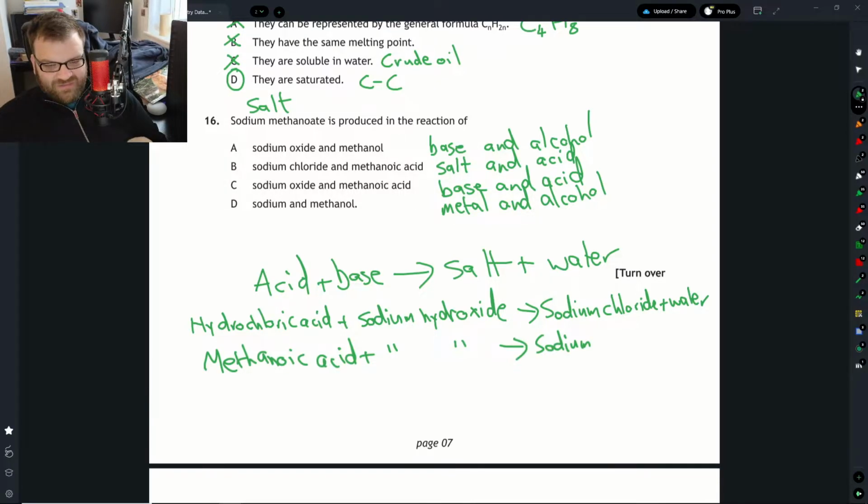You'd make ethanoate, propanoate, it just depends on what chemicals we're using. So we want a base and an acid, the correct base and acid. Those two together would make sodium methanoate and water. So 16 would be C.